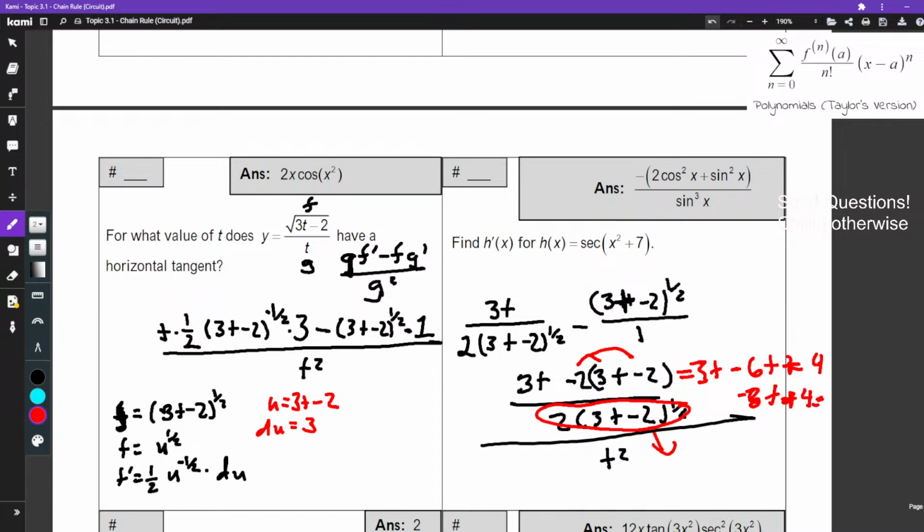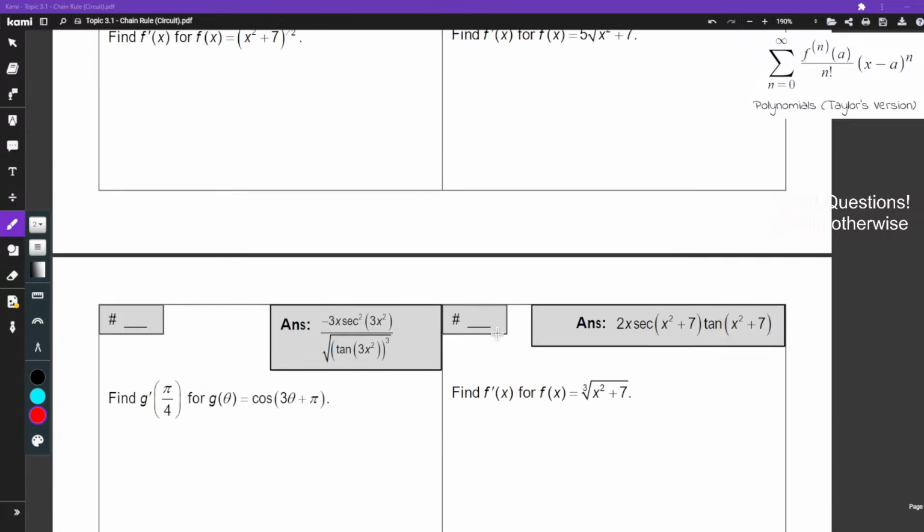Set that equal to 0. 3t goes over. I get 4 is equal to 3t. And then t is equal to 4 over 3. Which I hope is the answer. To get to 18. 4/3 brings us to 18.